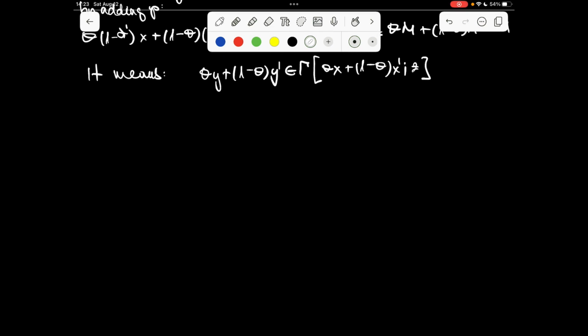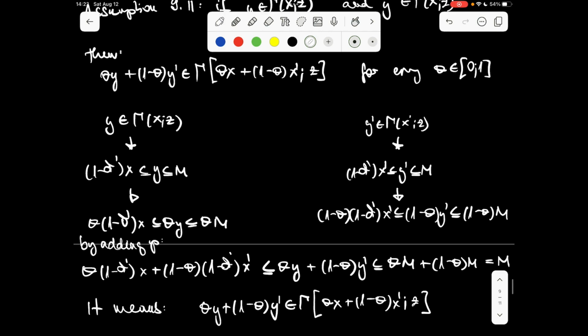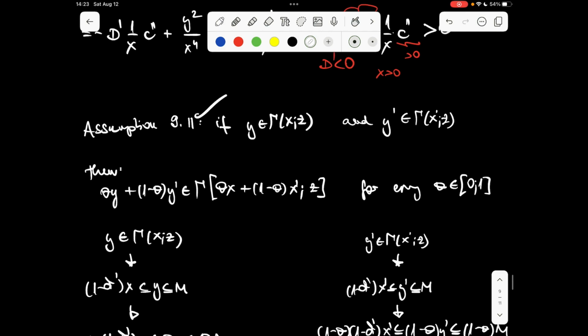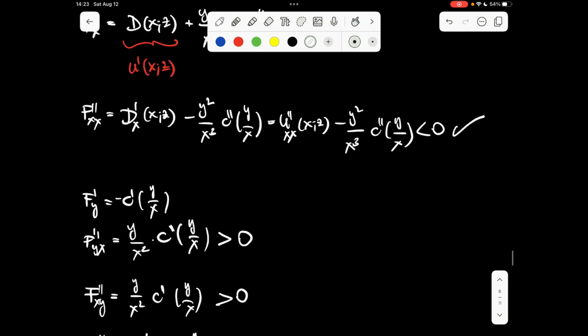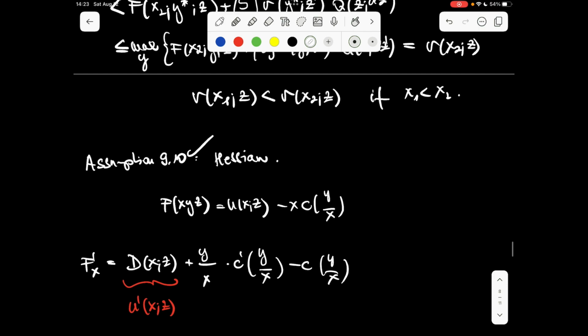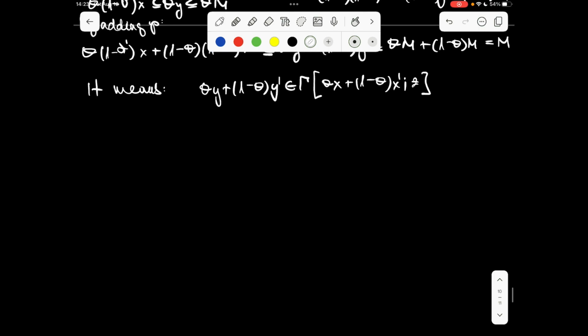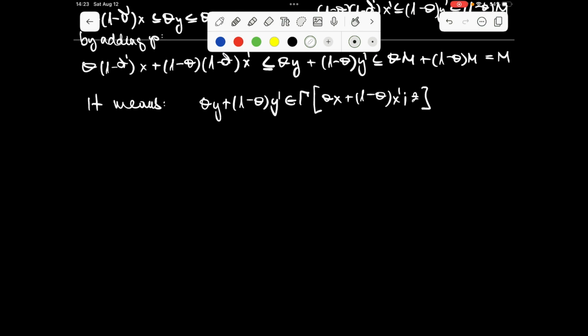So assumption 9.11 holds, just like assumption 9.10 holds. Okay, so on this ground we can say that all the assumptions underlying theorem 9.8 are satisfied.